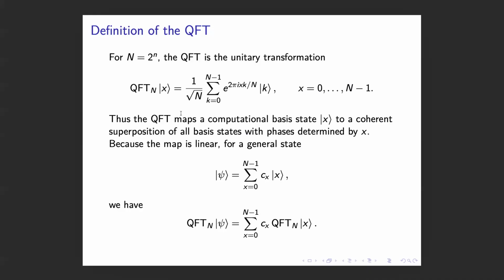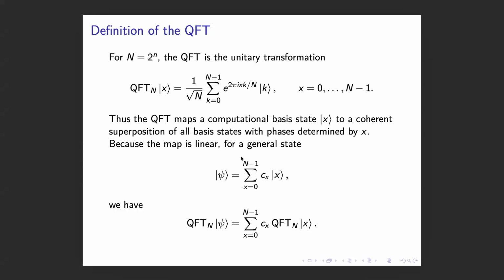Mathematically, the expression is the same, except that now this k is a set of bits we are acting on, and this is a specific state. The QFT maps the computational basis state to a coherent superposition of all basis states, with phases determined by the values x which you have from the very beginning.